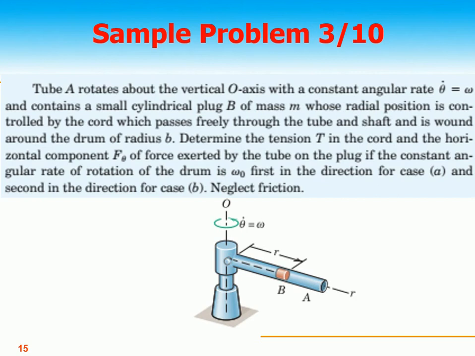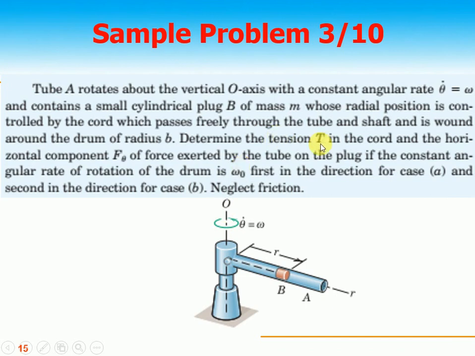So let's move to sample problem 3-10. Tube A is rotating about the vertical axis O with a constant rate theta dot equal to omega, and contains a small cylindrical plug B of mass m, whose radial position is controlled by the cord, which passes freely through the tube and the shaft and is wound around the drum of radius b.